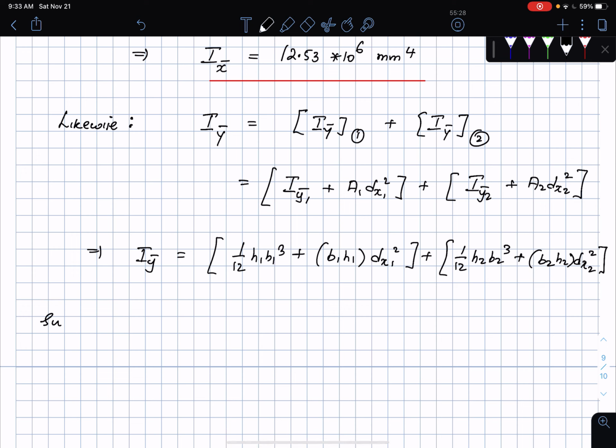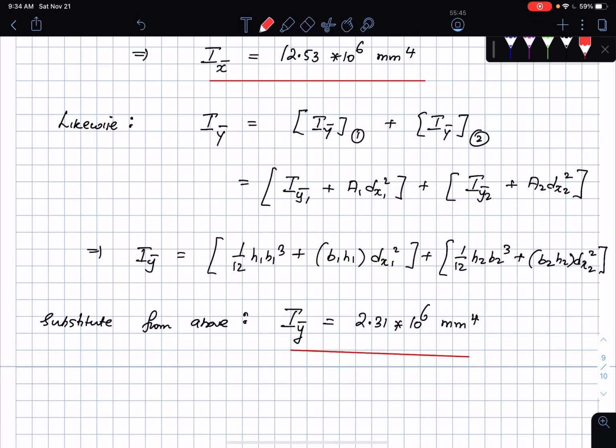Substitute from above, and you will obtain Iy bar as 2.31 times 10 to the power 6 mm to the power 4.